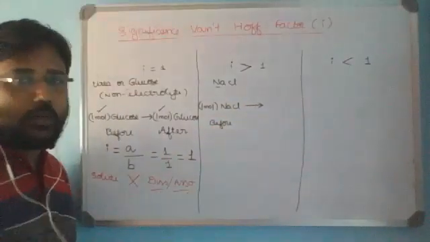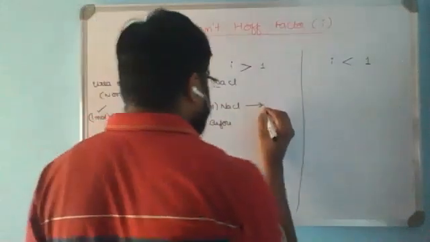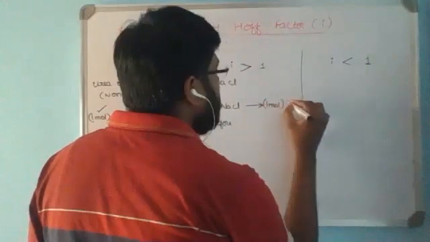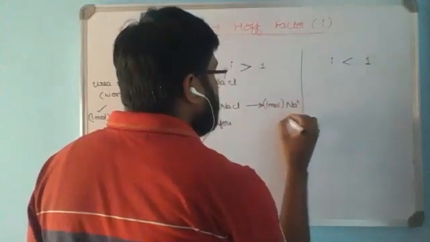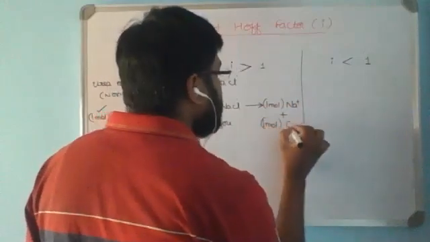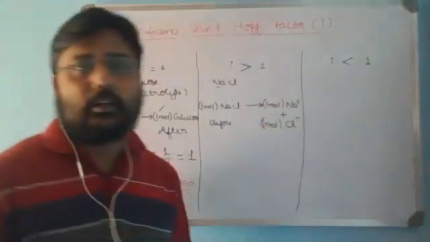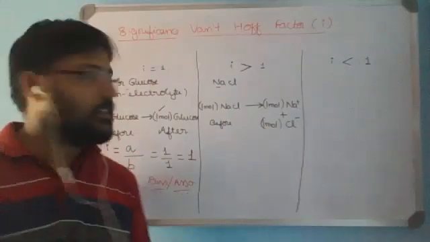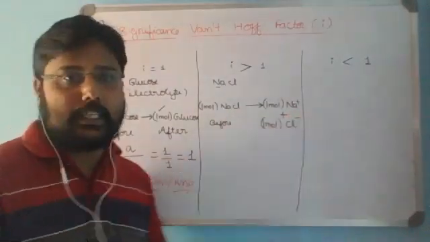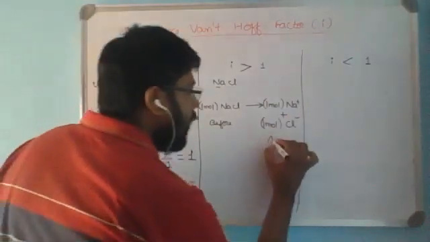If I add 1 mole of NaCl into a suitable solvent such as water, it will give 1 mole of Na+ ion plus 1 mole of Cl- ion. 1 mole of NaCl gives 1 mole of Na+ ion, 1 mole of Cl- ion.